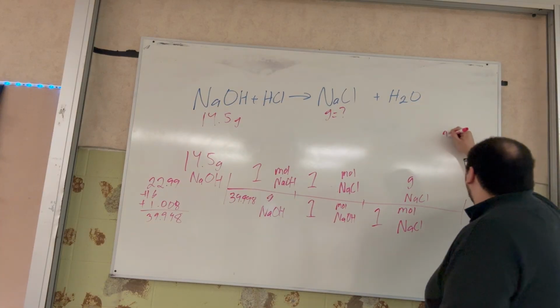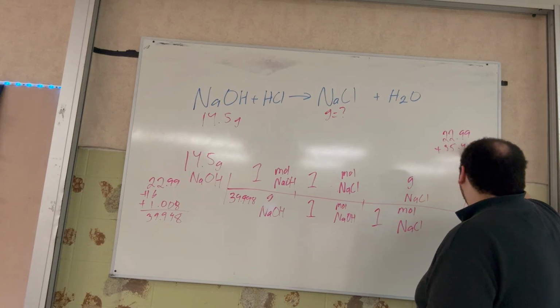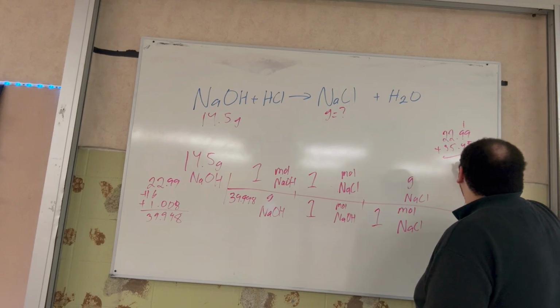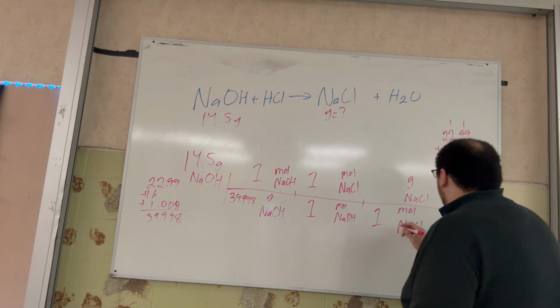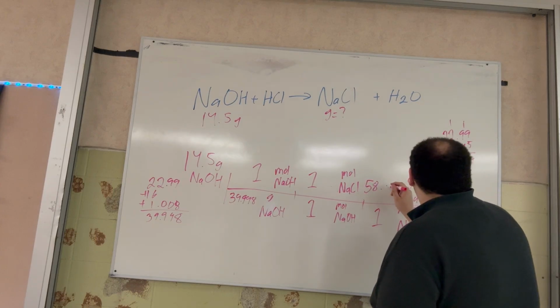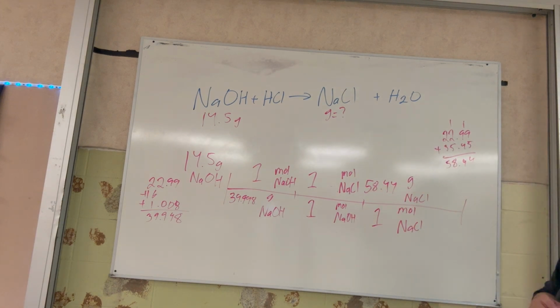Grams of sodium chloride, I'll do 22.99 plus 35.45. Yes, I have those memorized. I get 58.44. 58.44 grams sodium chloride. Punch that in your calculator.